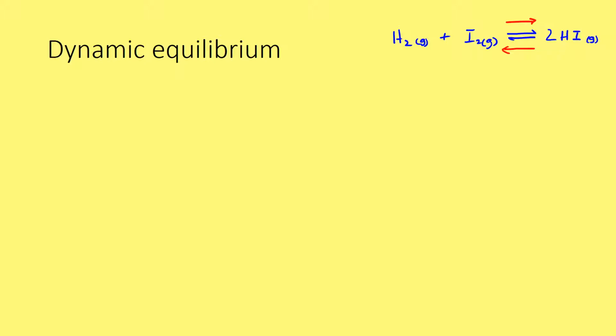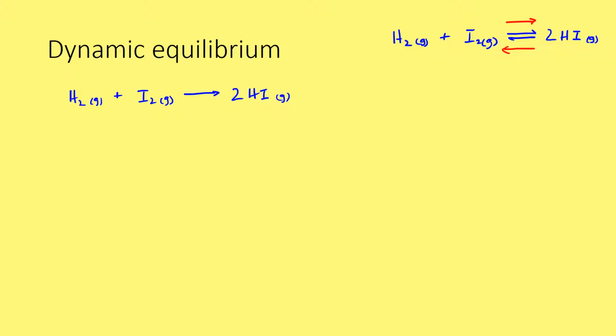So let's write them out separately. Firstly, as we've written here, let's write down the forward reaction. So we've got hydrogen gas, and we've got iodine as a gas. And the forward reaction there, we write it with an arrow this time. We're going to make two hydrogen iodide molecules.